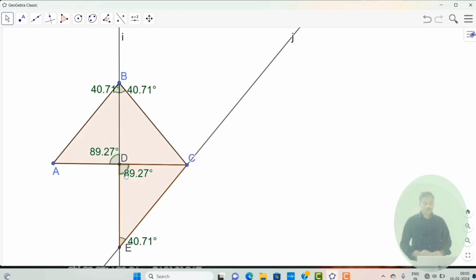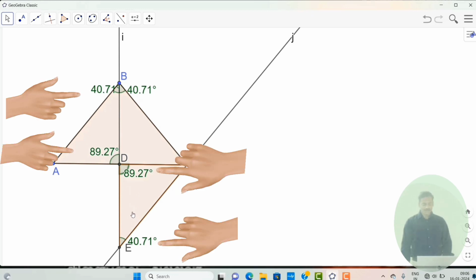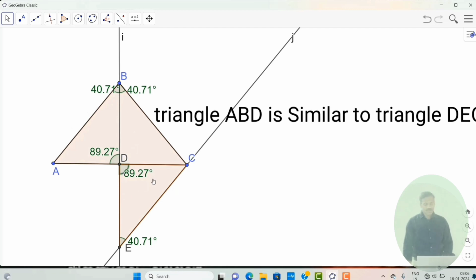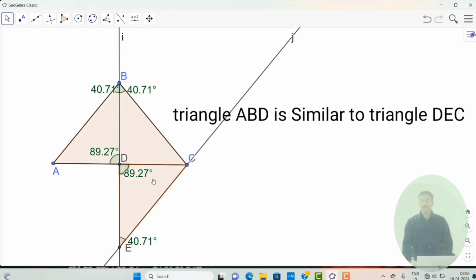Children, now are you able to observe that triangle ABD and triangle DEC are similar? Why? Because these two angles in this triangle are the same, and what about this triangle? These two angles are the same. If two angles of any two triangles are the same, then they are similar. So triangle ABD is similar to triangle DEC.